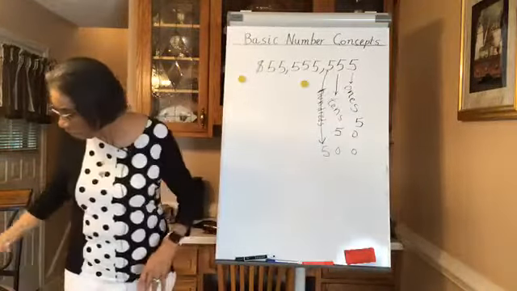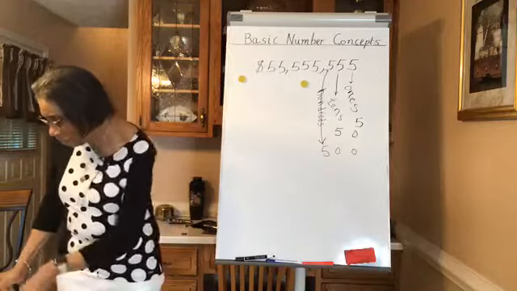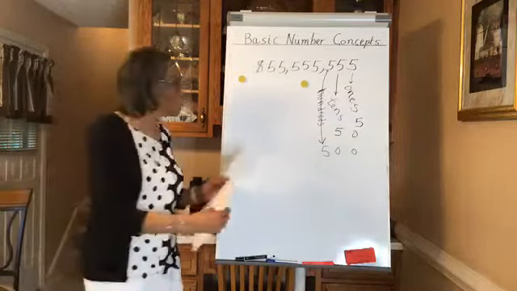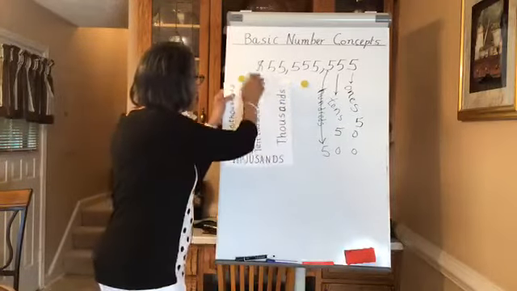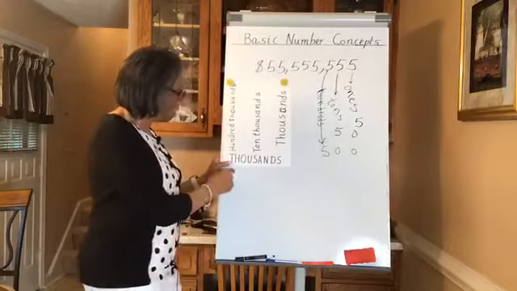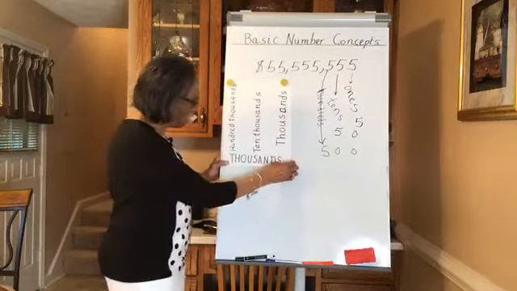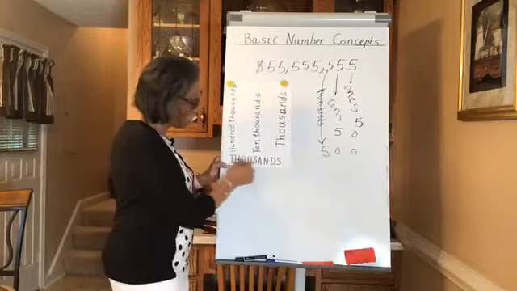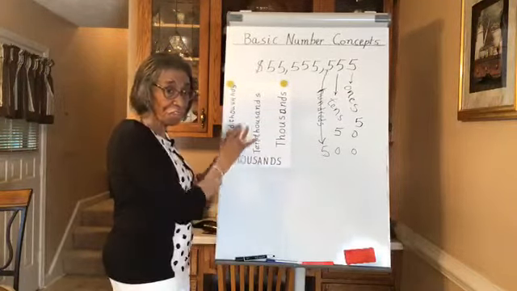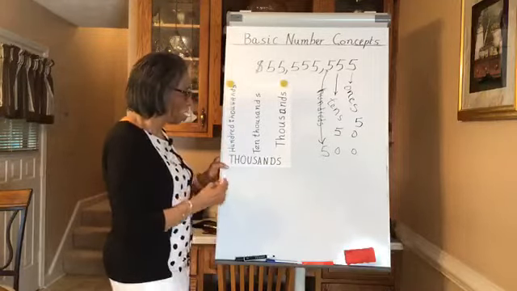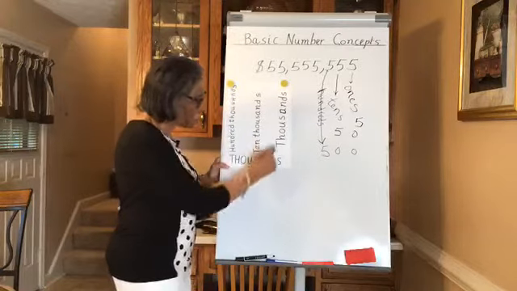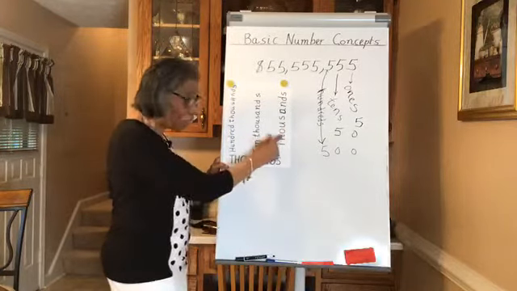Then we have the next family, which is called the thousands family. So we look at that and we see the family name is thousands. And again, each family has just 3 members. Notice just like the ones family, the first member of the ones family was ones.